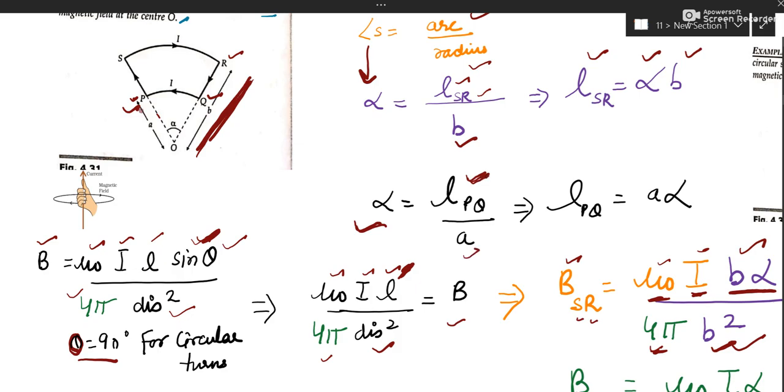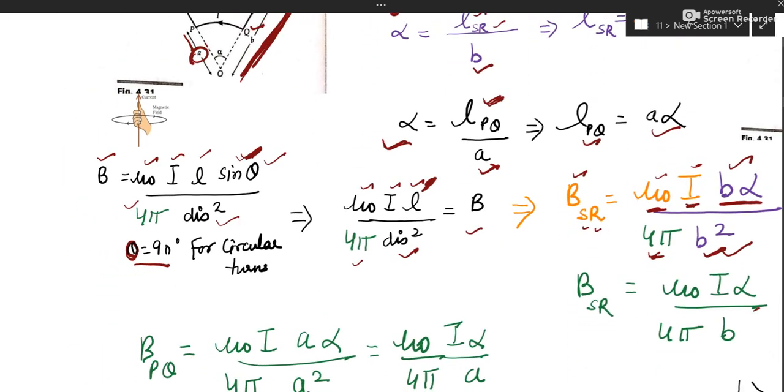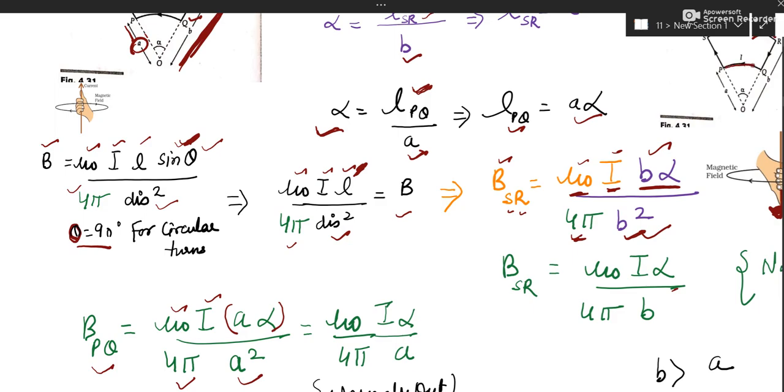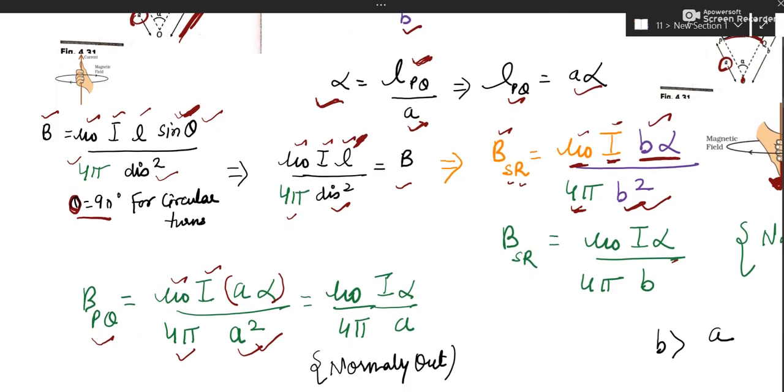Now the radius for the PQ section is A, so we'll substitute A here. So the length of PQ is also radius times alpha, that is alpha A. Now we'll find out the magnetic field due to this portion. The magnetic field due to PQ is mu naught by 4 pi I into the length of arc upon radius square, that is distance square. The distance of this arc from point O is A, so yes, it's the distance square. Like one power of A will be cancelled by A square. So this is the formula.